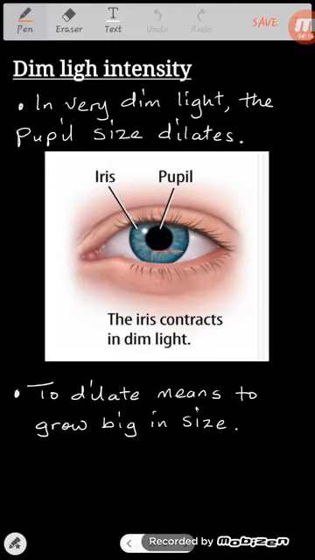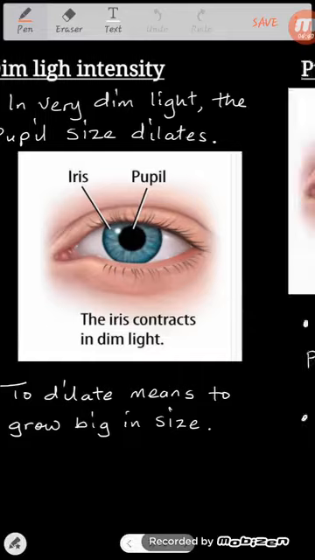Okay, to become wider or to grow bigger in size. So what this basically means is that during the night time, in the evening when you are walking in the night, your pupils become wider. They grow much wider in size than they are in the day.